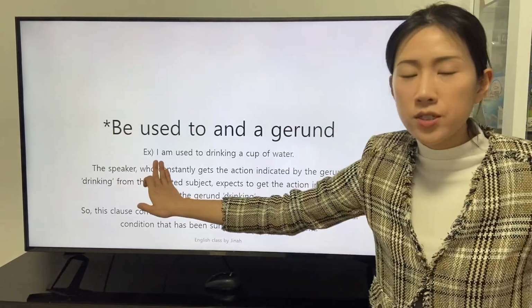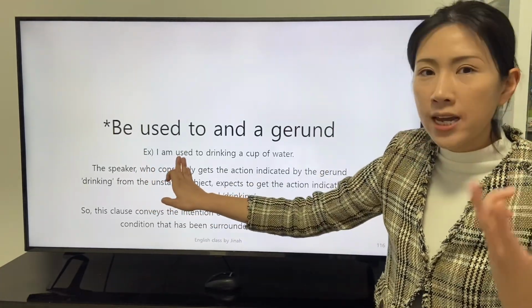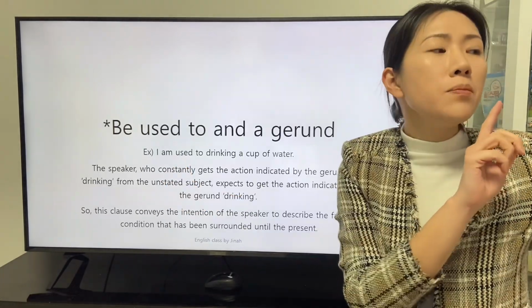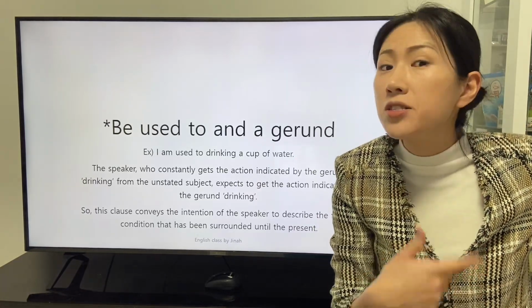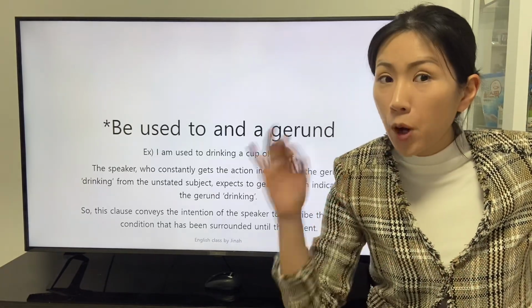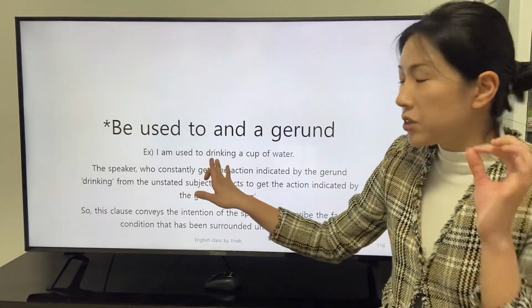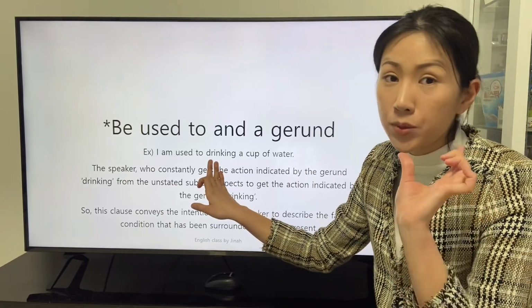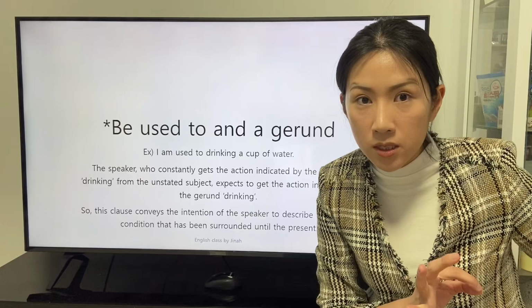The speaker, who is the subject, gets the action indicated by the transitive verb use from the past to the present constantly, with the purpose to make the action indicated by the transitive verb drink happen for the period.